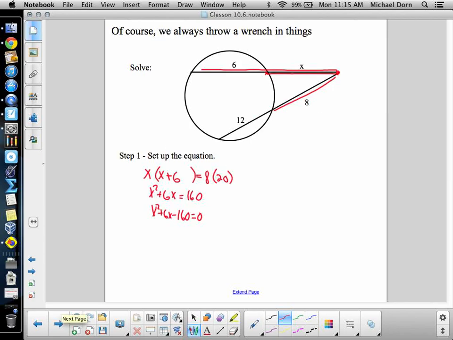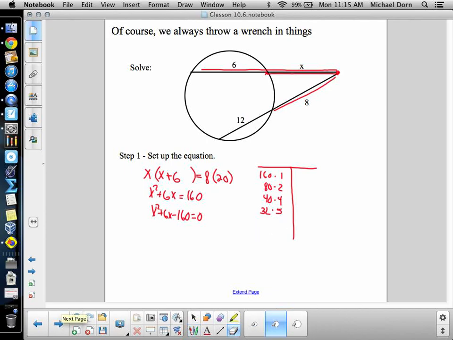Can that factor? Well, my product has to be negative 160 and my sum has to be 6. You want to tell me 2 numbers multiplied to give me negative 160 and they have to give me positive 6. Let's think about it. 160 would be 160 and 1, 80 and 2, 3 doesn't go in, 40 and 4, 5 is 32, 6 doesn't go into 160, 8 does, 20 and 8, 10 and 16.